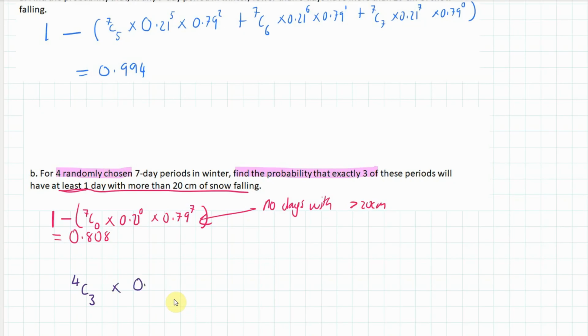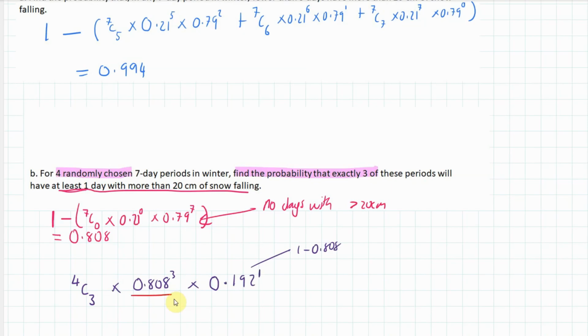So we want the probability of that being successful, which is 0.808 to the power of 3, and then obviously times the probability of one of those weeks not having more than 20 centimeters of snow. So this one is 0.192, and the way I get that is I go 1 take away 0.808, and that's to the power of 1.